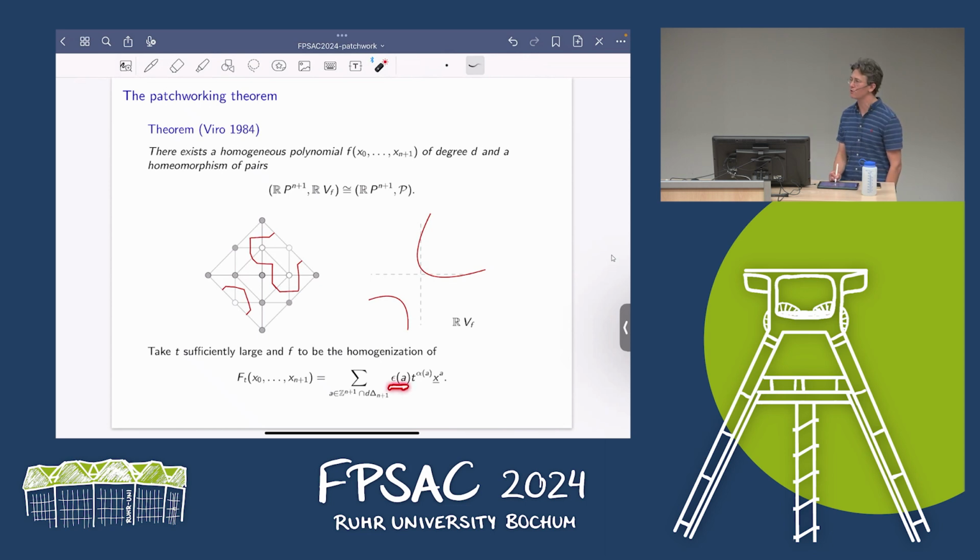The signs of the coefficients are the sign choices. And the coefficient is some parameter t to the alpha_a, where alpha is going to be the function that gave us our regular subdivision. Okay, so it's important that this subdivision was regular in the sense that it comes from taking the upper or lower convex hull of some function on the lattice points.